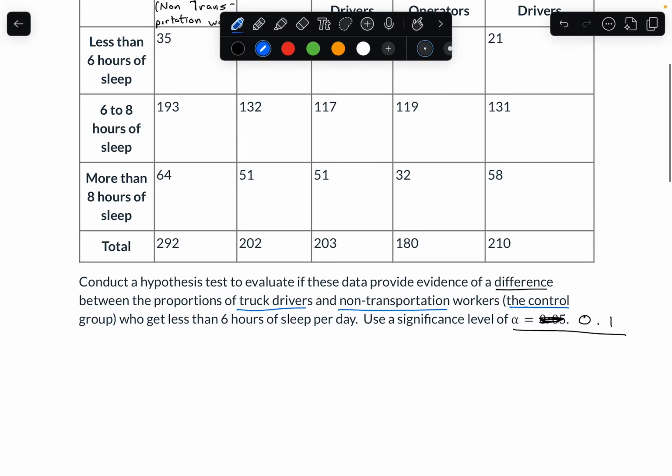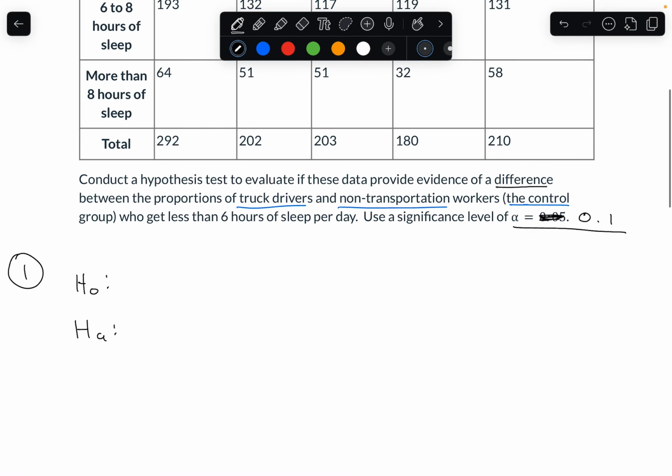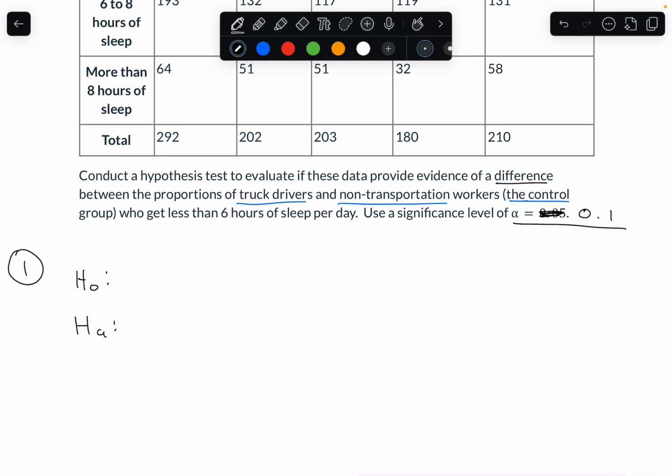So, getting ahead of myself here, I need to start off first with what is the null hypothesis and what is the alternative hypothesis. My null hypothesis, remember, is always the same. That never, ever changes. So my null hypothesis will be P1 is equal to P2.